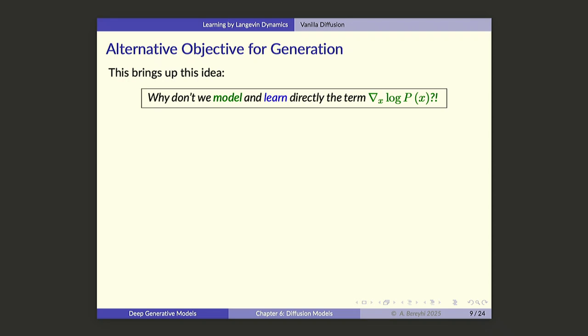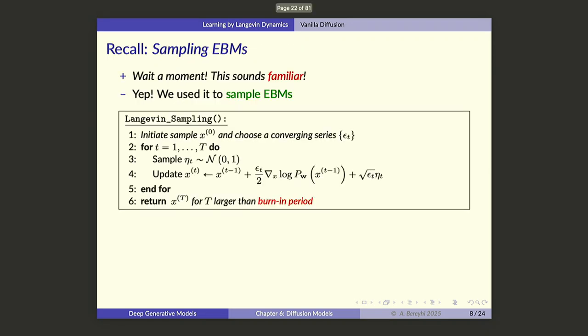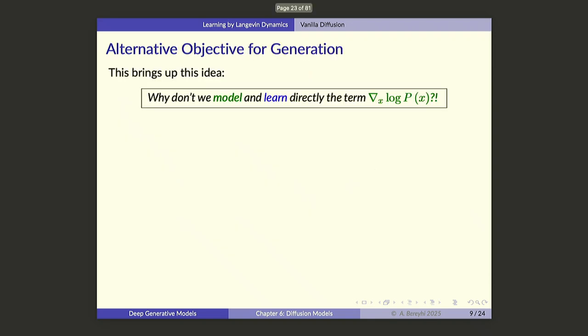Okay, so this is the main idea of what we call score matching or score-based learning. So what is the main idea? The main idea is that given this particular Langevin process, which is going to generate samples from our distribution, it seems that it is enough that I just learn the gradient of the logarithm of the distribution, right? I don't really need to know the distribution itself. Why shouldn't I go ahead and learn this guy?